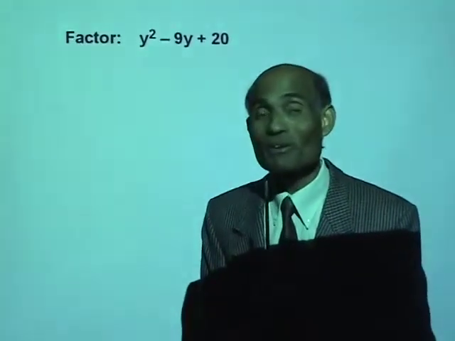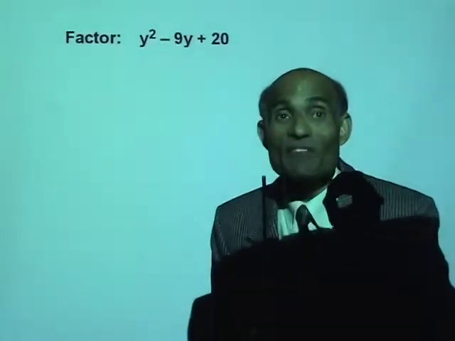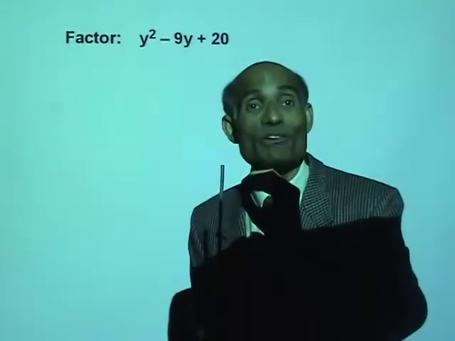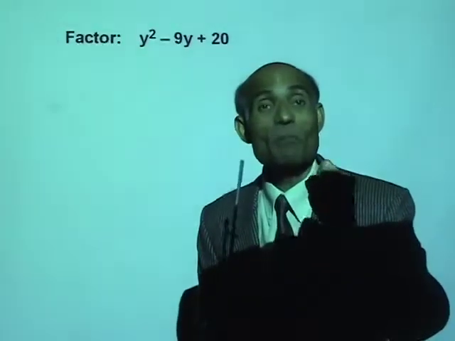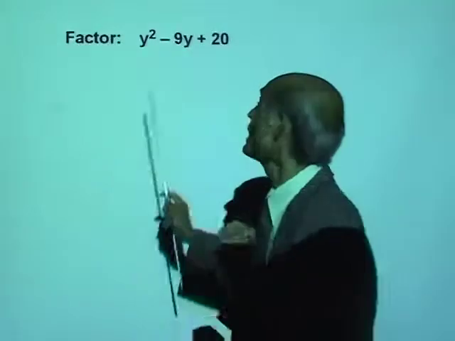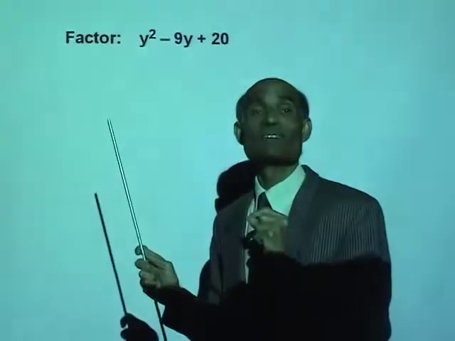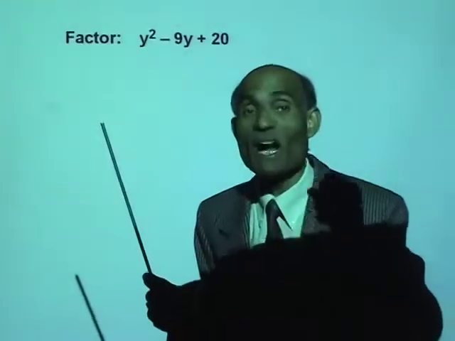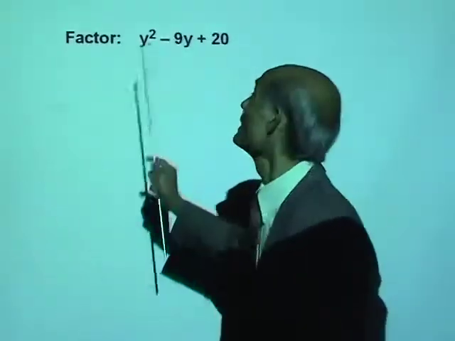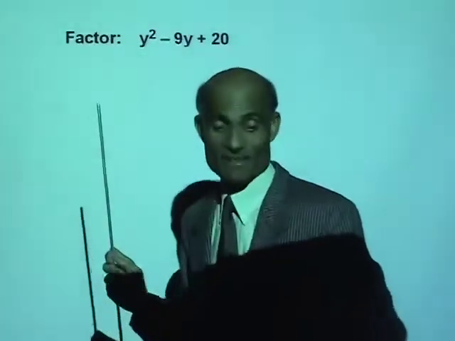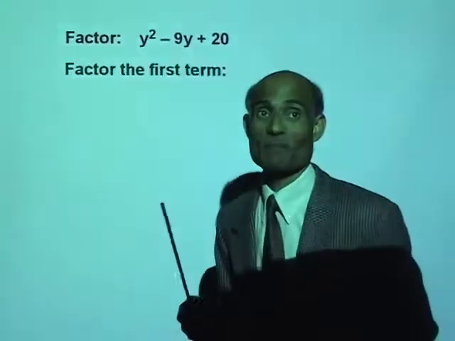It's very simple. Negative 5 and negative 4. Negative 5 multiplied by negative 4 is positive 20, and negative 5 added to negative 4 is negative 9. Now that is the way to think.